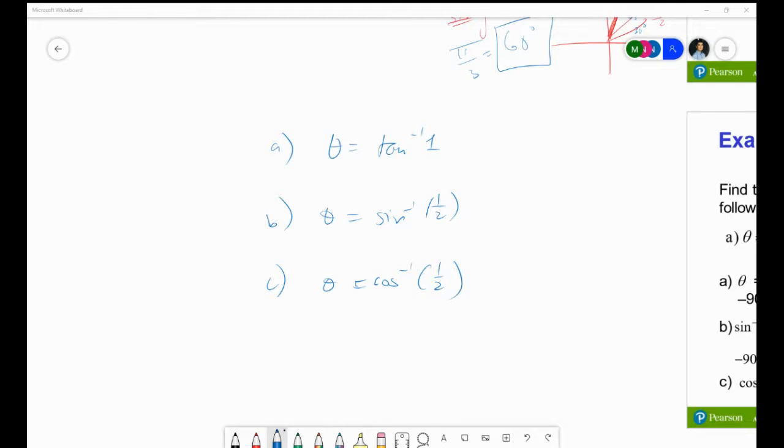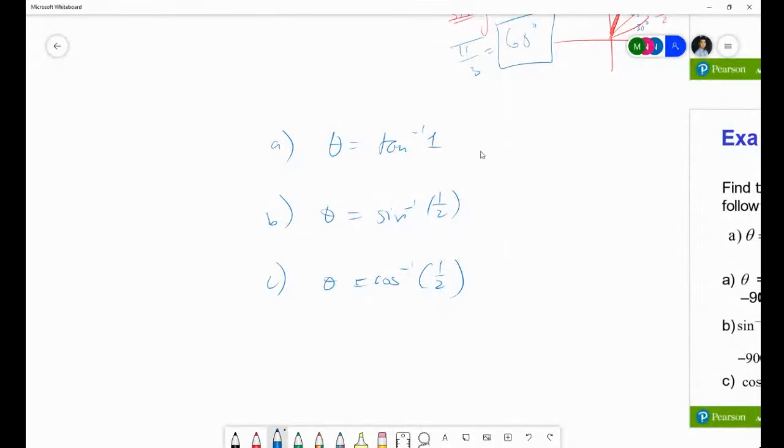Okay, so if I ask you tangent of theta equals 1, Eric, can you tell me what theta is equal to? I'll give you an easy one. How about this? Sine of theta is equal to 1/2. Can you tell me what theta is equal to?